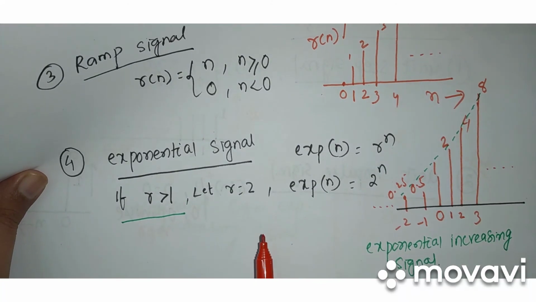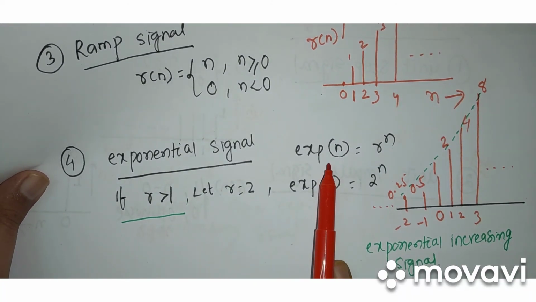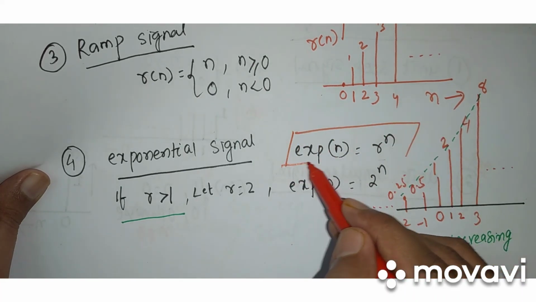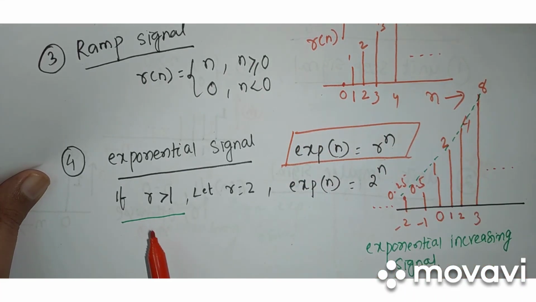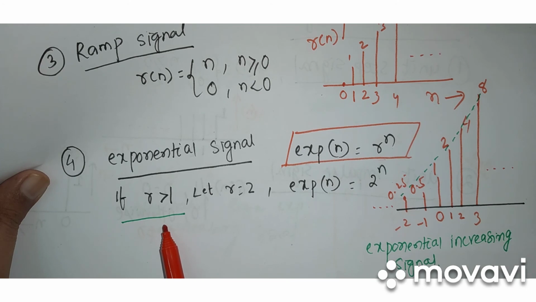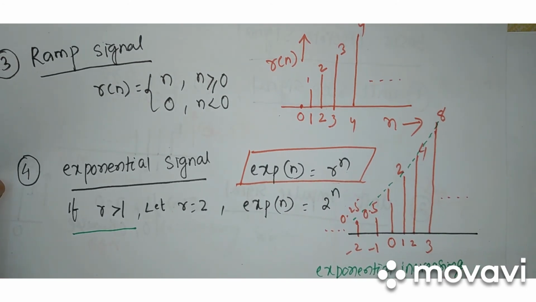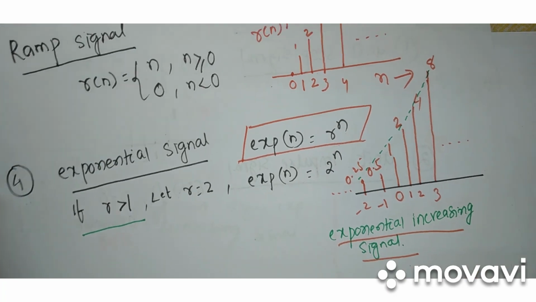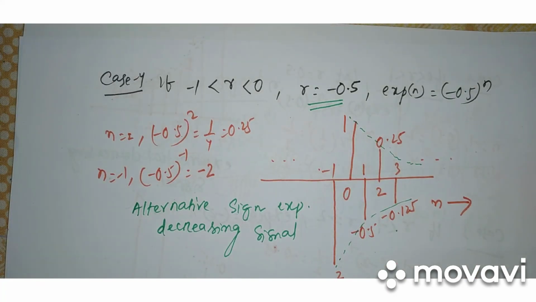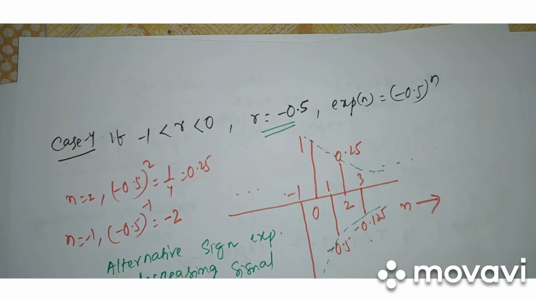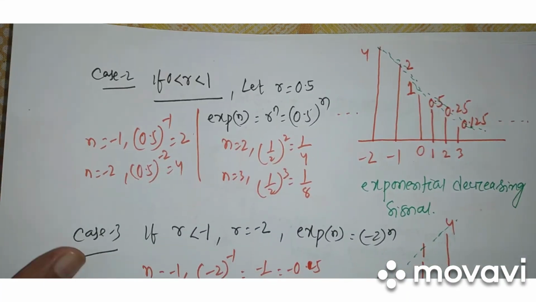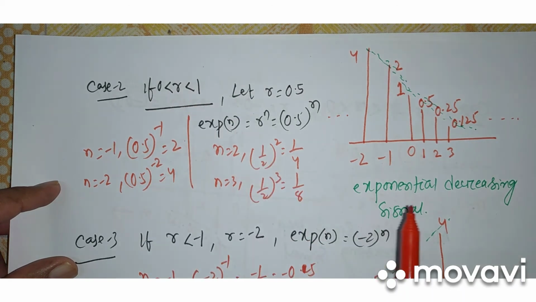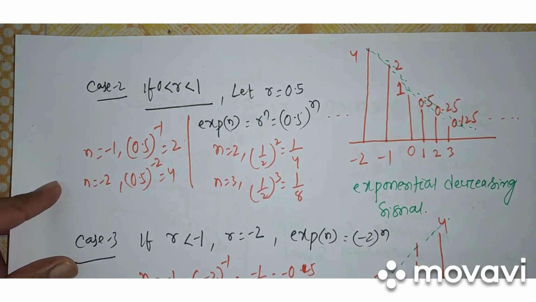Then the exponential signal, 4 cases. The exponential signal is r to the power n, defined for all n. Then 4 cases: r greater than 1, it is an exponential increasing signal. Then r lies between 0 to 1, it is an exponential decreasing signal.